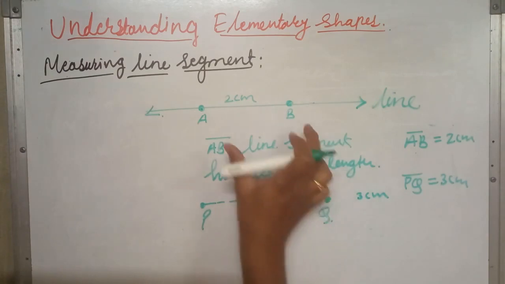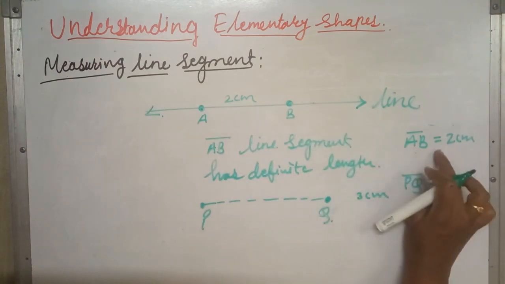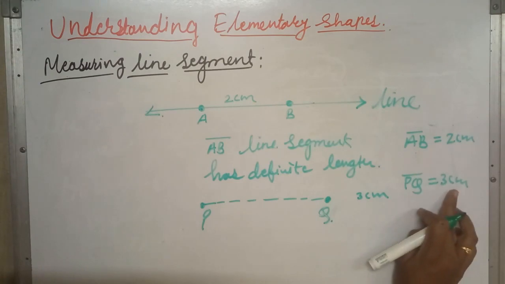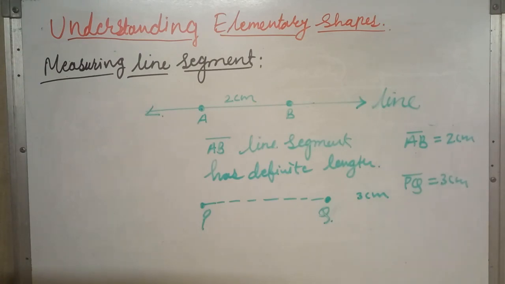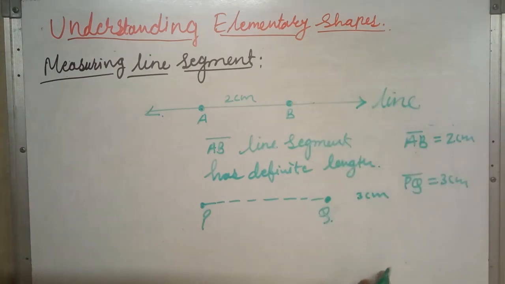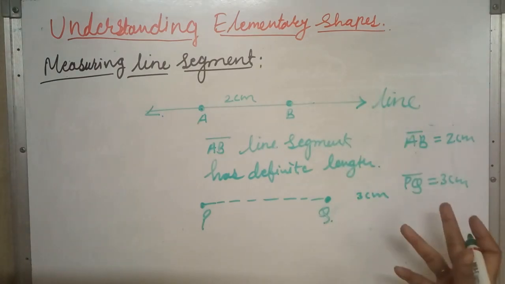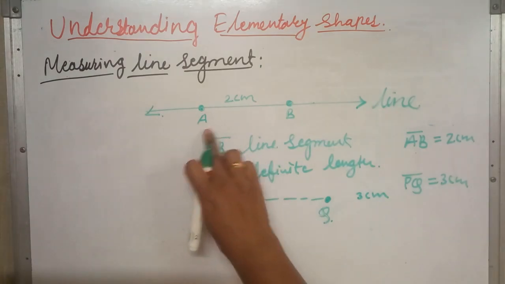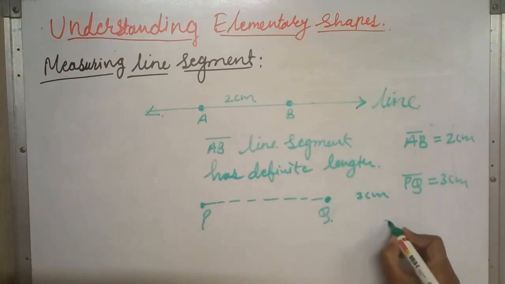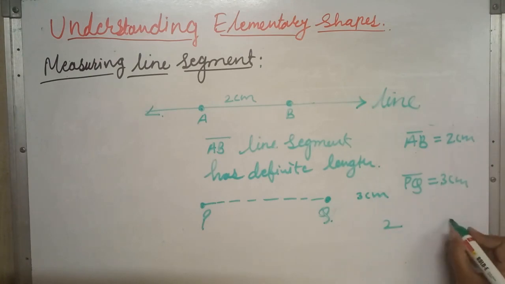So we can say the length of AB is 2 centimeter and the length of PQ is 3 centimeter. So tell me, can I use this idea to compare line segments? Yes, because here you can see AB is of 2 centimeter. So tell me, is 2 greater or is 3 greater?